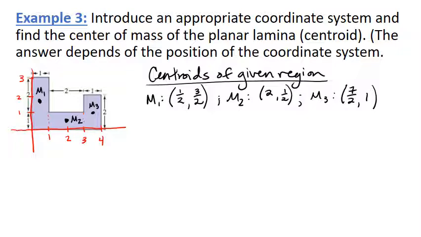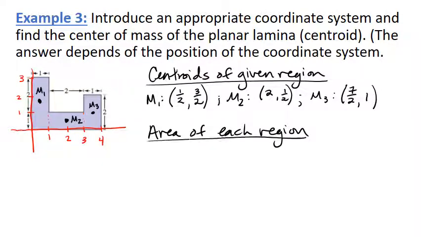Now what we want to do is find the area of each region. So if I want to find the area in which M1 is located, I just want to find the area of this rectangle here. And you should know that a rectangle's area is length times width, or base times height, either way. But in this case, 1 times 3 gives us 3.